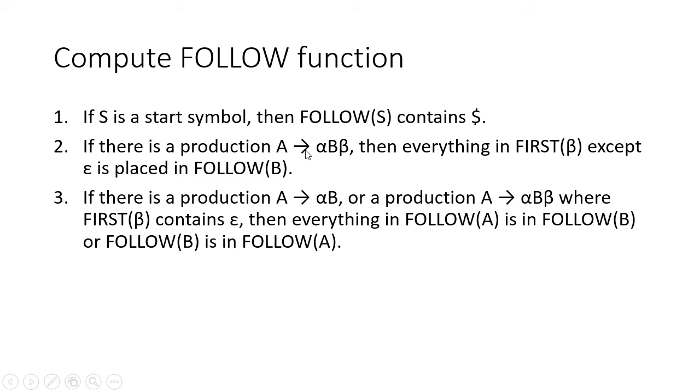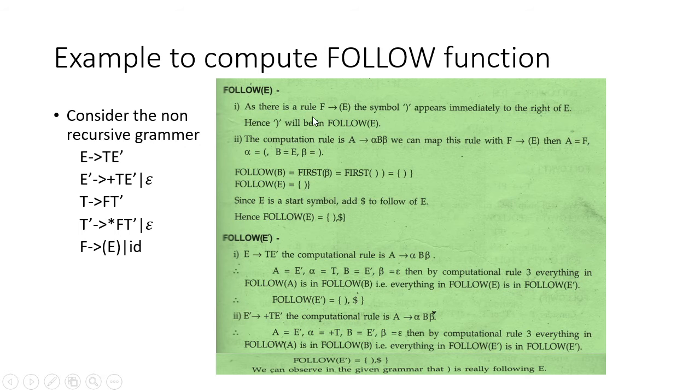Remember, we are finding the follow of B, so follow of B in this case is follow of E. Follow of B is first of beta, whether non-terminal or terminal, that is the answer. First of beta is the closing bracket, so follow of E is the closing bracket.